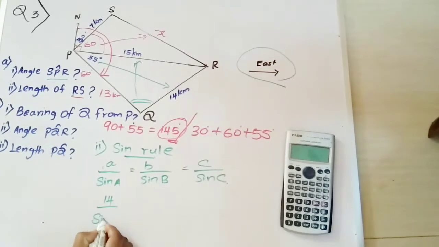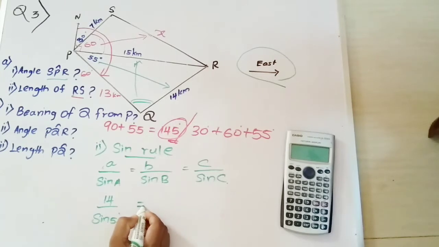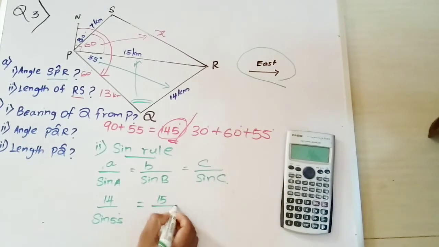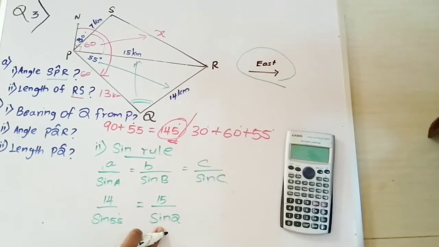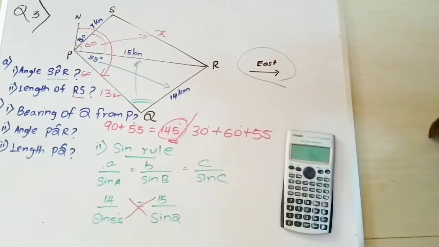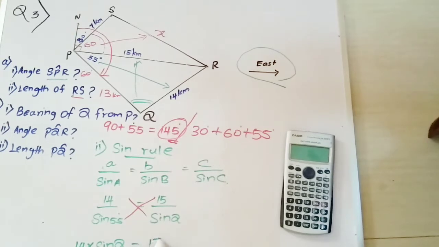First we'll take 14 over opposite angle sine 55, equal to 15 over opposite angle sine Q. To find sine Q, cross multiplication. So 14 into sine Q is equal to 15 into sine 55.